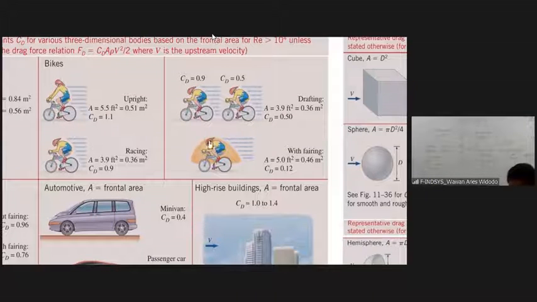This one with fairing is able to reduce it to 1.12, because it is covered by a shape like this, so they are able to reduce the drag coefficient.